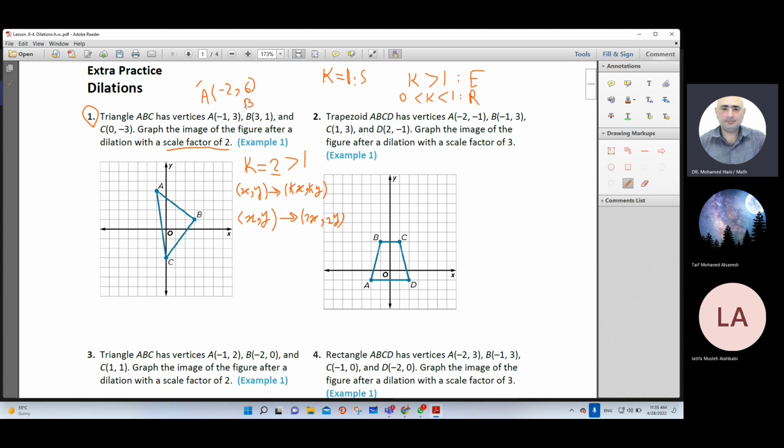So B prime, the same idea, multiply x and y by 2. 3 times 2 will be 6, and 1 times 2 will be 2. And here we have C prime. 0 times 2 is 0, and minus 3 times 2 will be minus 6.